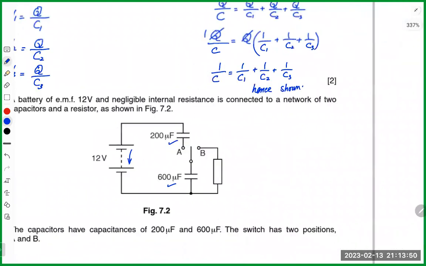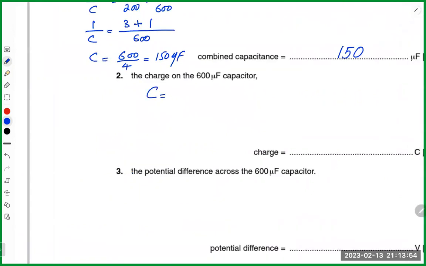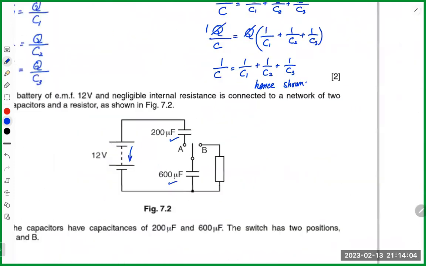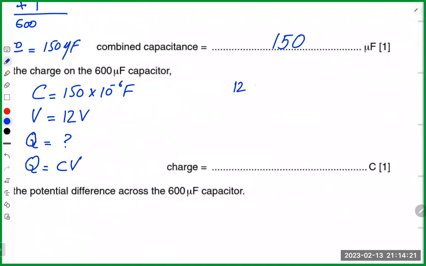So the total capacitance is 150 microfarad and the potential difference of the battery is 12 volt. So what will be the charge? I hope you remember that the charge equals CV. So it will be 12 multiplied by 150 into 10 to the power minus 6.